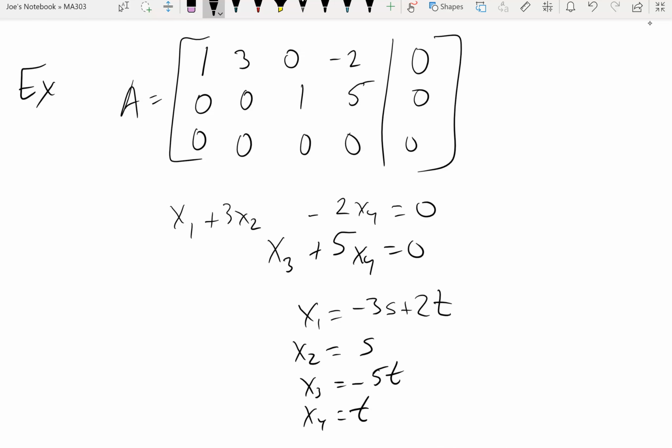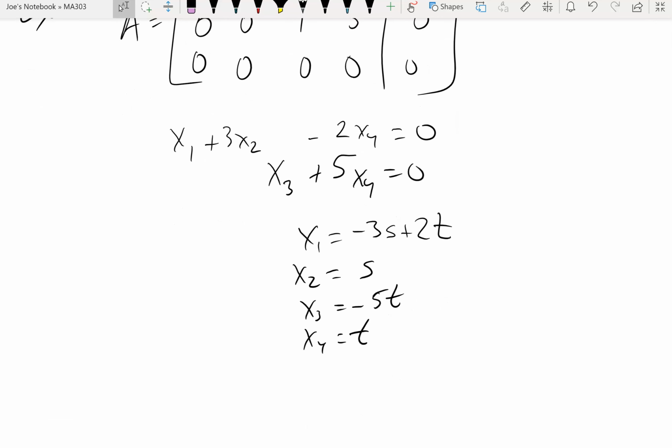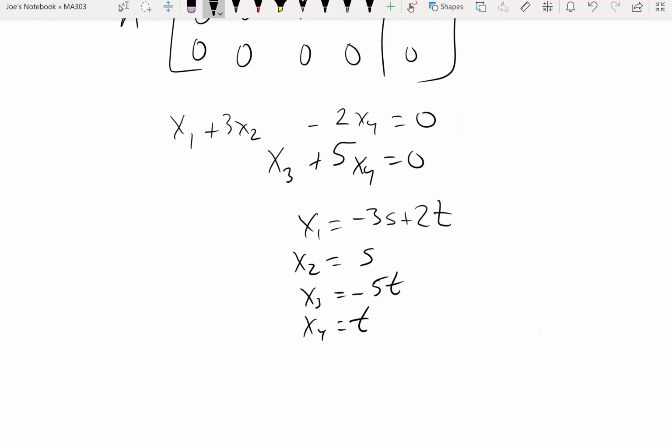And then if we split this up into vectors, we talked about this before too, right? Split it up into two pieces. If I want to write it as vectors, if we have x1, x2, x3, x4, how can I write that if I split it into pieces with vectors?